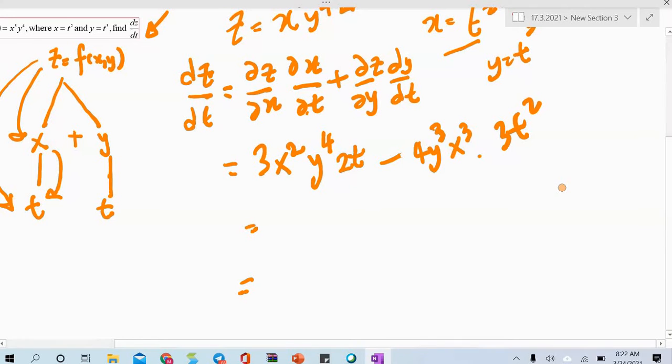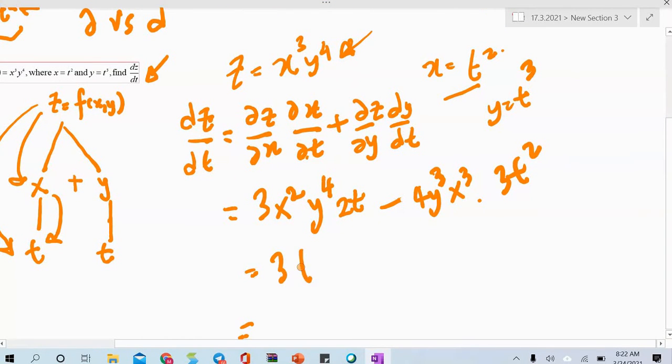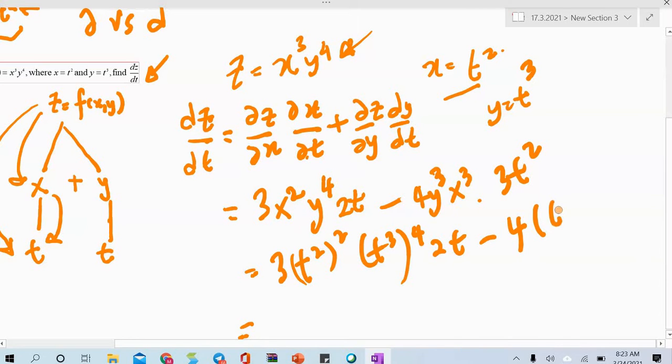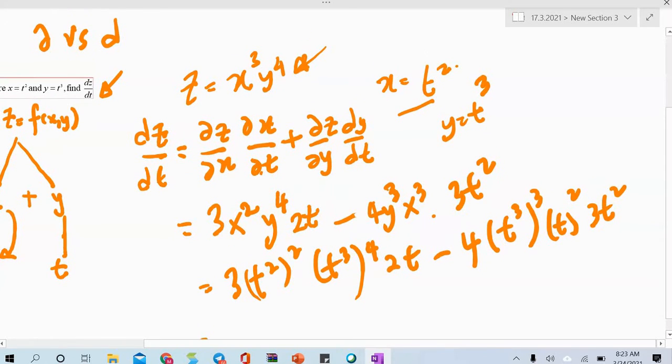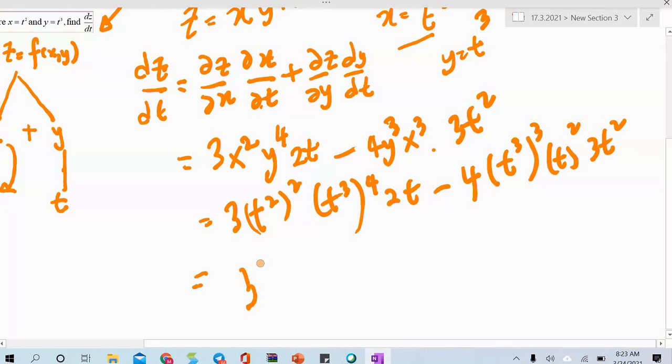So after we have done this, you can substitute: x is t squared, y is t cube. 3 times 2, 6. 6 is equal to 4 plus 12 plus 1.